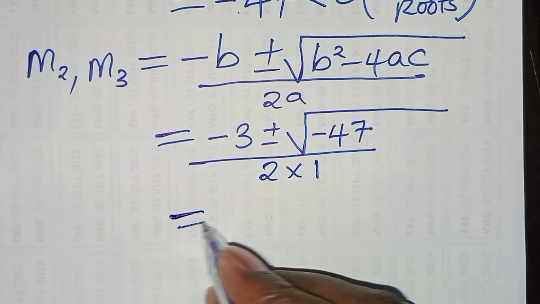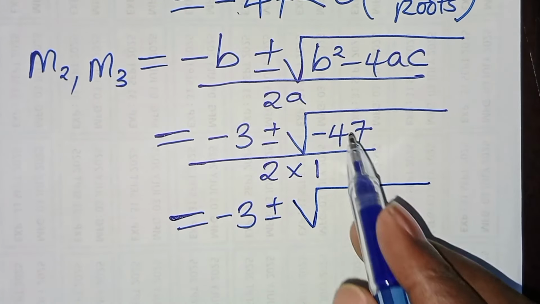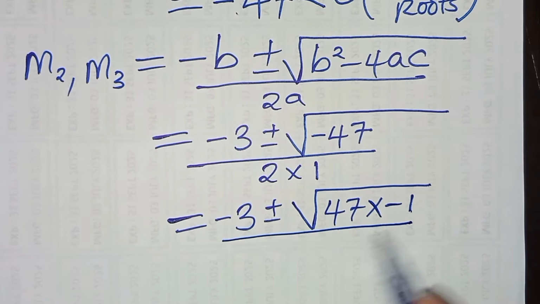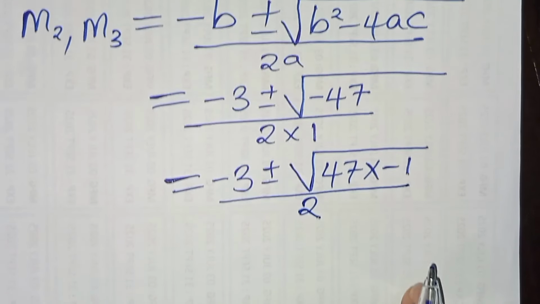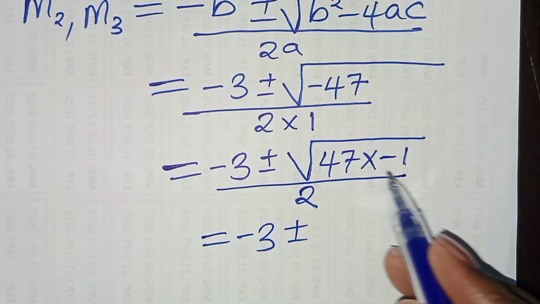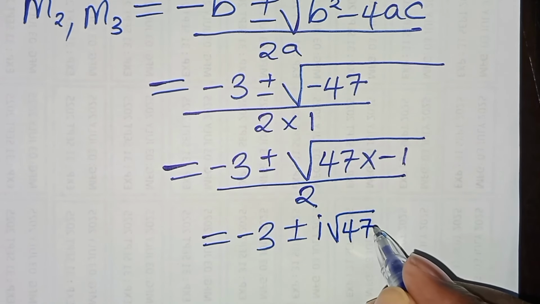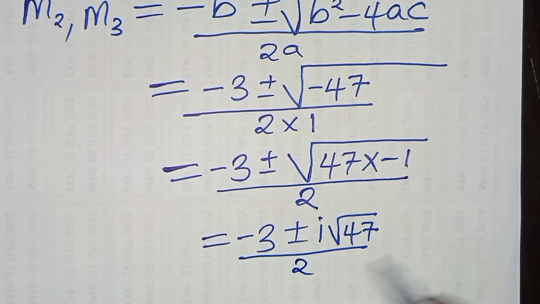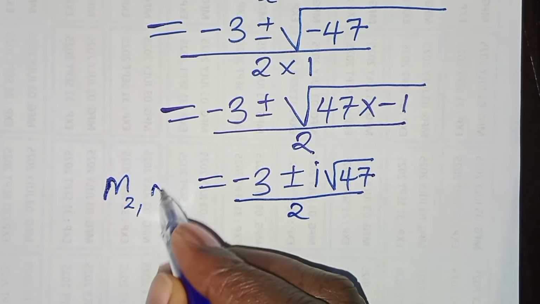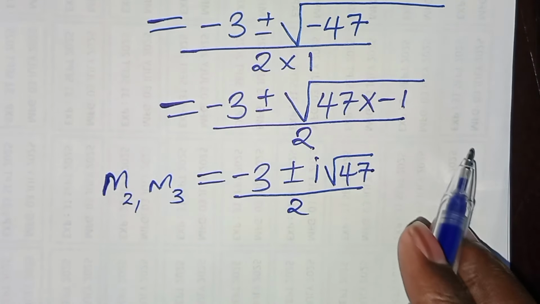So here, this means we have negative 3 plus or minus. We can express negative 47 as 47 times minus 1, divided by 2. So here we'll have negative 3 plus or minus. Now, the square root of negative 1 is i, then the square root of 47, divided by 2. So this implies that m2, m3 is equal to minus 3 plus or minus i square root of 47 over 2.